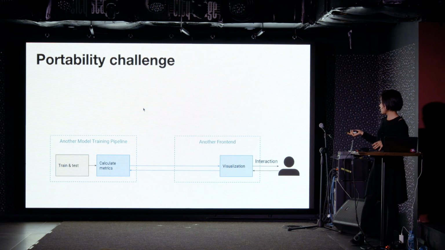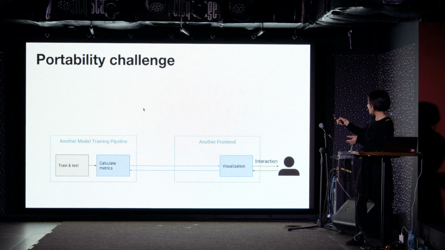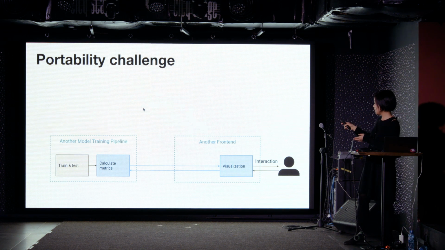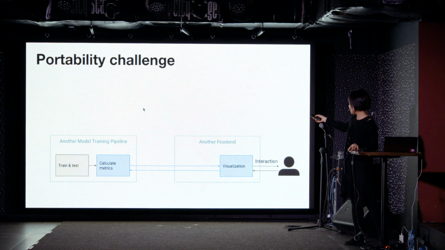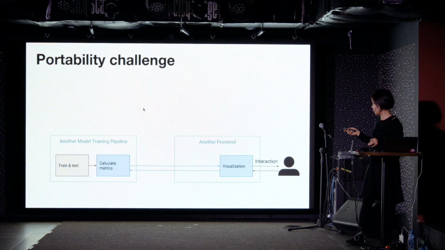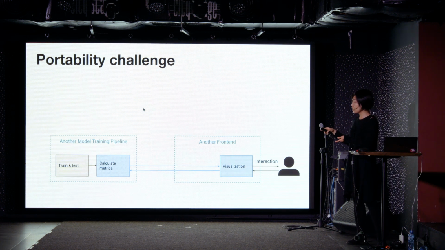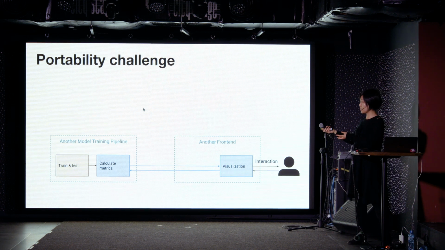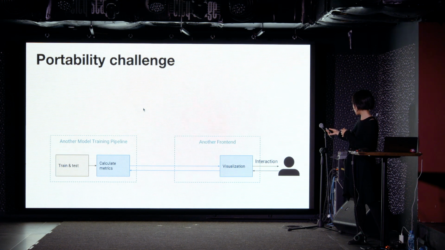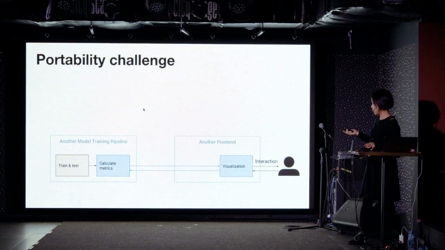Also, if you are going to plug another model training pipeline into the Manifold system, it's going to be hard because if the component for calculating the metrics lives in the backend, we need to port both the backend code and the front-end code to make that possible.